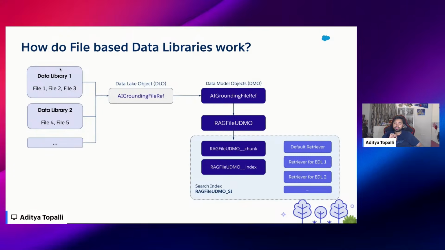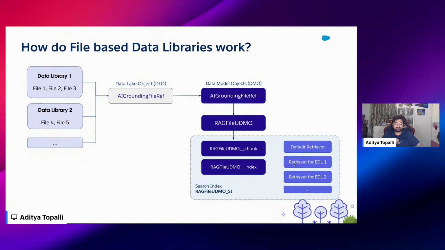So maybe policy documents are stored in this library. Maybe driving directions are stored in this library. Now, how do I search a specific library if all the files are eventually going into the same data model object? For that purpose, we automatically create different retrievers for different data libraries.